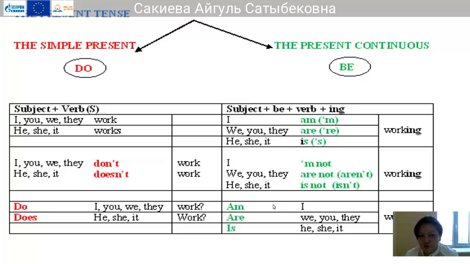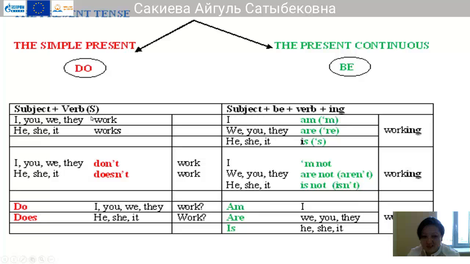Okay, good. Let's look at the structure of the sentences. How do we usually form present simple and present continuous? The present simple always takes the auxiliary verb do or does all the time. But the present continuous takes the verb to be all the time. So, with the pronouns I, you, we, they, we use the verb work.